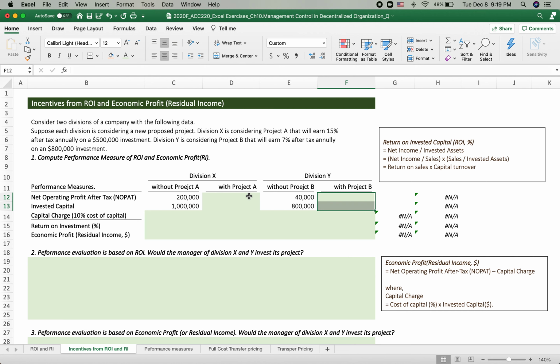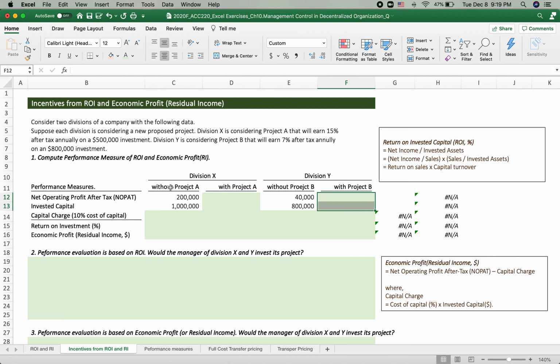If we have this project A, then does ROI get better or economic profit? If division Y adopts this project B, we want to analyze whether the division Y's return on investment or economic profit gets better. So division X and Y cases are independent.